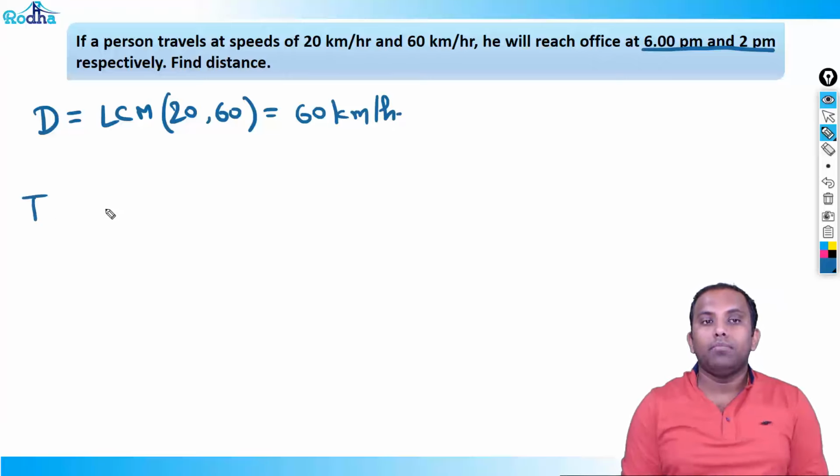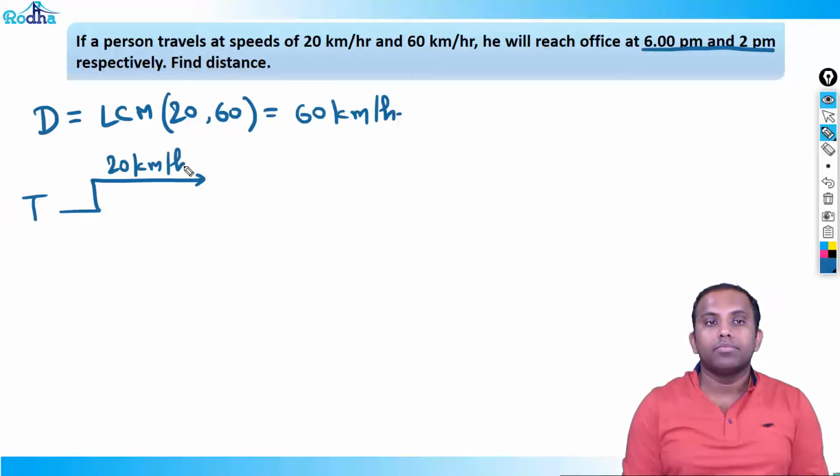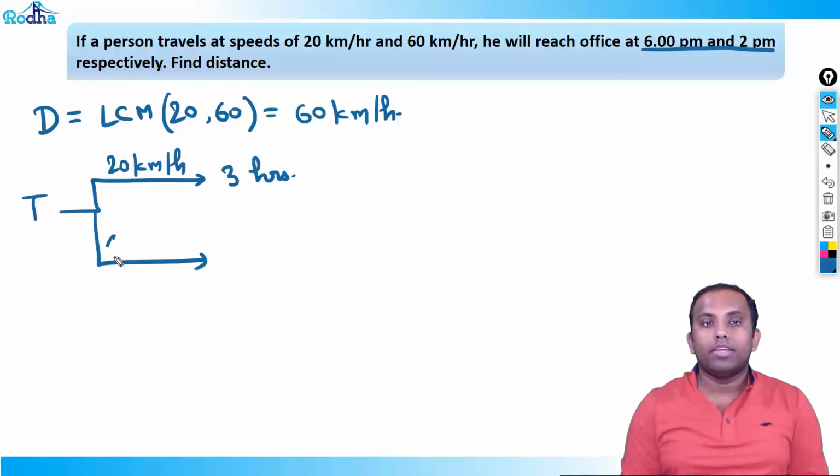Time taken at the speed of 20 km per hour should be how much? 3 hours. For 60 km per hour, 60 by 60 is 1 hour only.